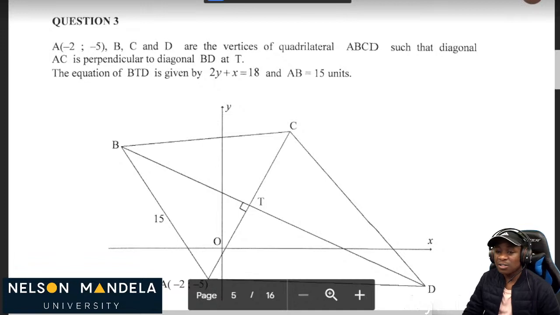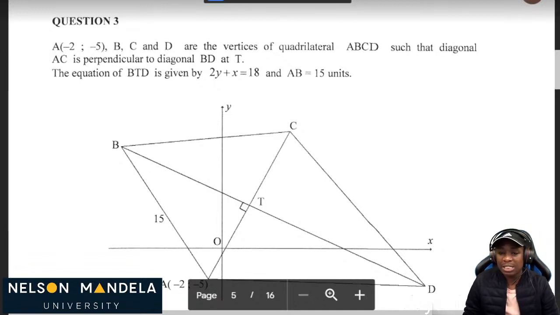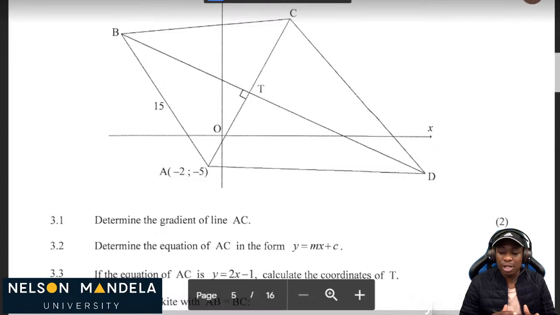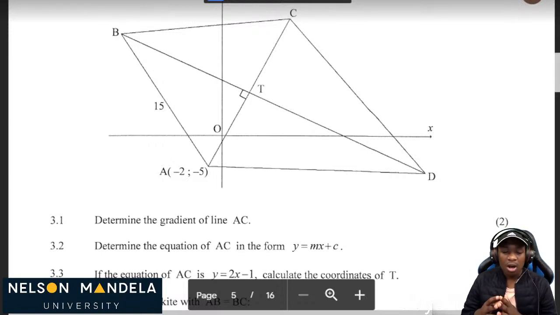They are the vertices of a quadrilateral ABCD. We know that a quadrilateral is a four-sided shape, such that the diagonal AC is perpendicular to BD. So this is nice, perpendicular bisector. When you are reading the statement, you must also be able to analyze and apply everything which you know. They are saying that AC is perpendicular to BD. So what does that mean?